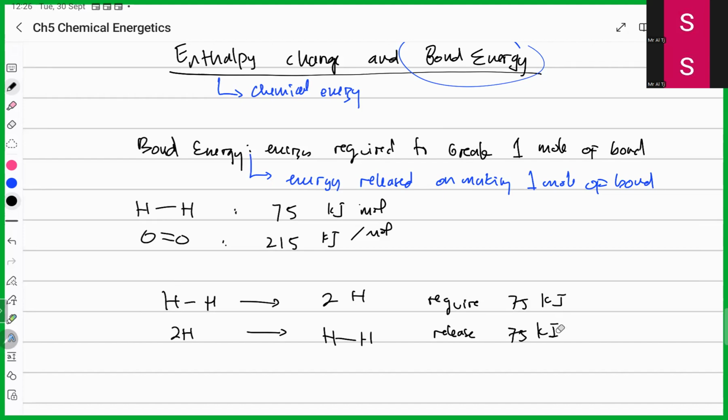This is exactly the same amount that we require in order to break them. So the same value that we need to break something is the same value we are going to release when we make them.